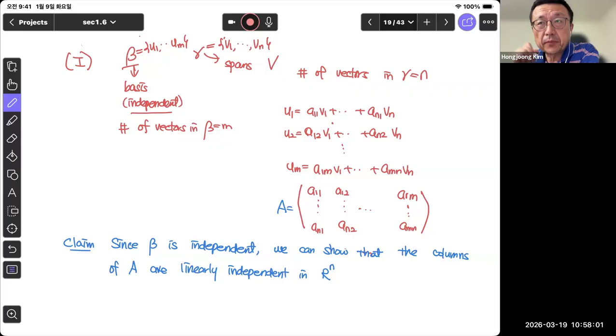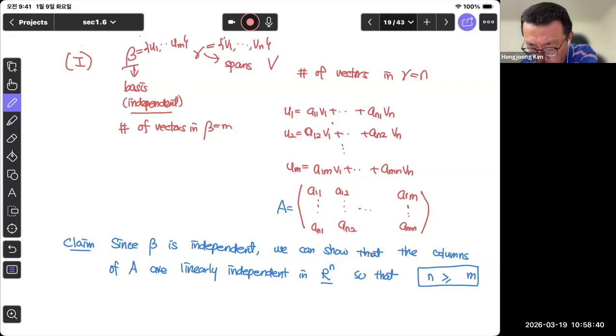So these columns will be linearly independent in Rn space, so the number of columns, in this case m, must be smaller or equal to n, or this m cannot be larger than n. This is important, because if m is greater than n, the columns will be dependent.